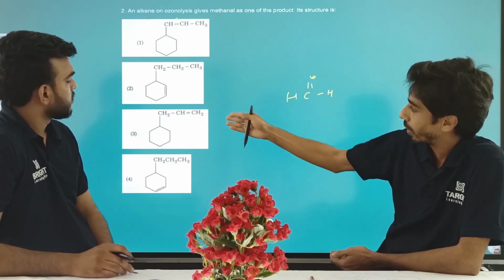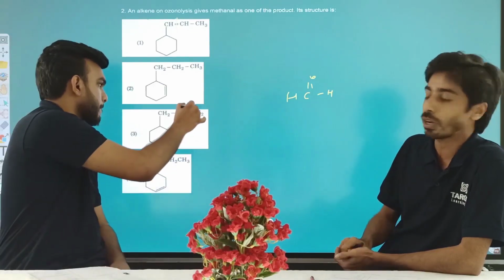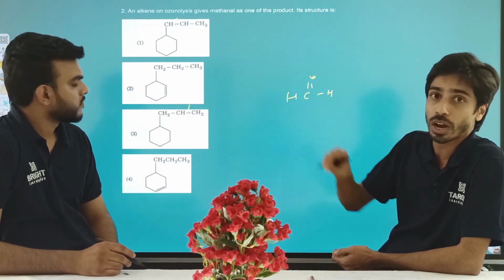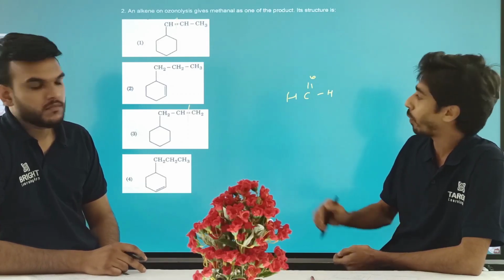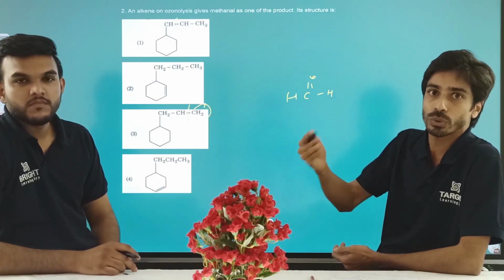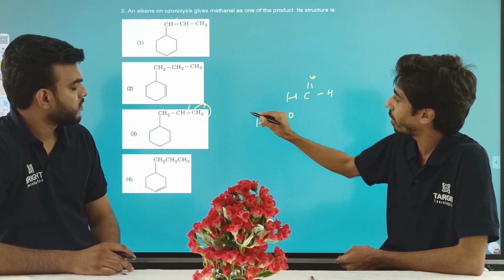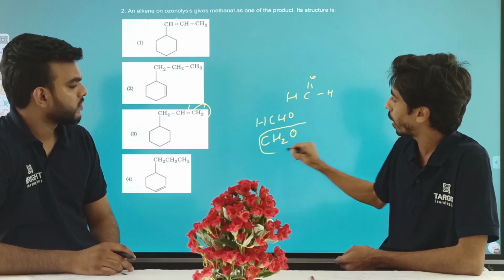And if you go for the third compound, the double bond is between the first and second carbon atoms of the long chain compound. So ozonolysis takes place between those 2 carbon atoms, and you get an ozonide. On further reaction with zinc, this CH2 will produce HCHO. We can write the product as CH2O, and that product is the same as HCHO.